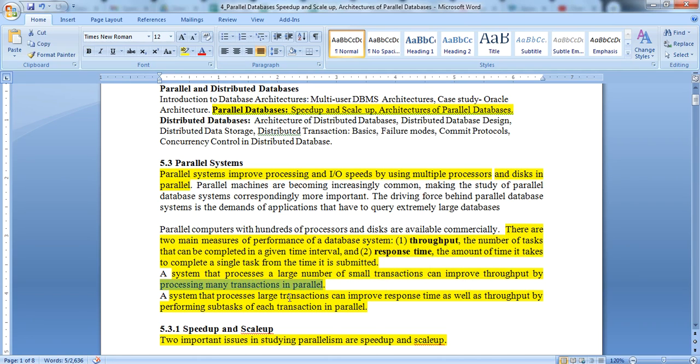That is the concept. A system that processes large transactions can improve the response time as well as the throughput by performing the subtasks of each transaction in parallel. These are the two scenarios showing throughput and response time.